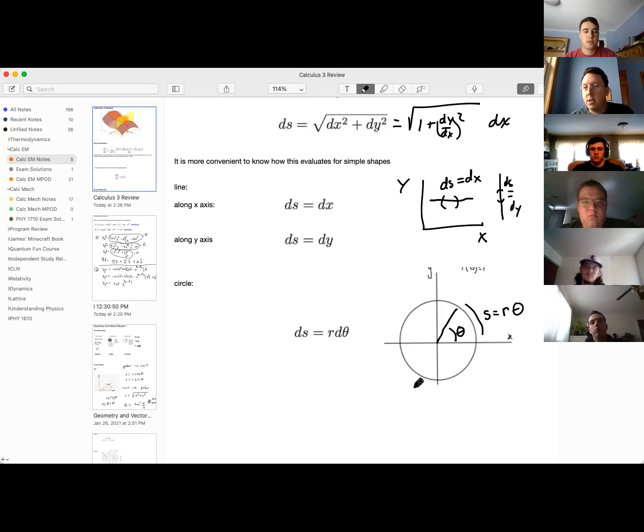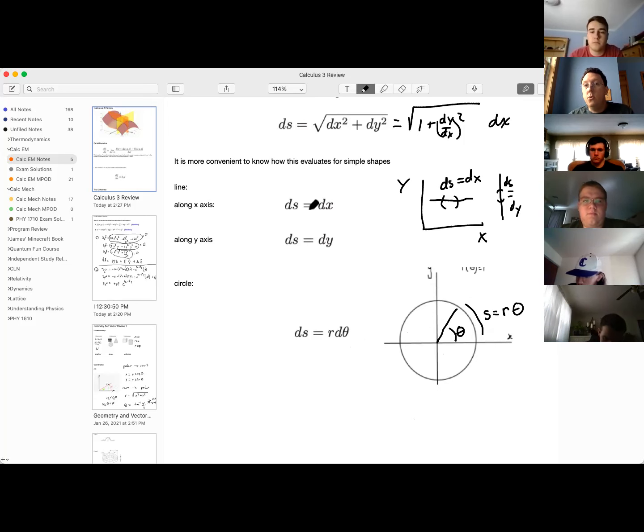If you went all the way around, you get 2 pi R, where theta has to be in radians. That's important. If you went halfway, you get pi R. If you went a fourth of the way, you get pi over 2 R. No surprise then, if I made it a theta differential, ds is going to be r d theta.